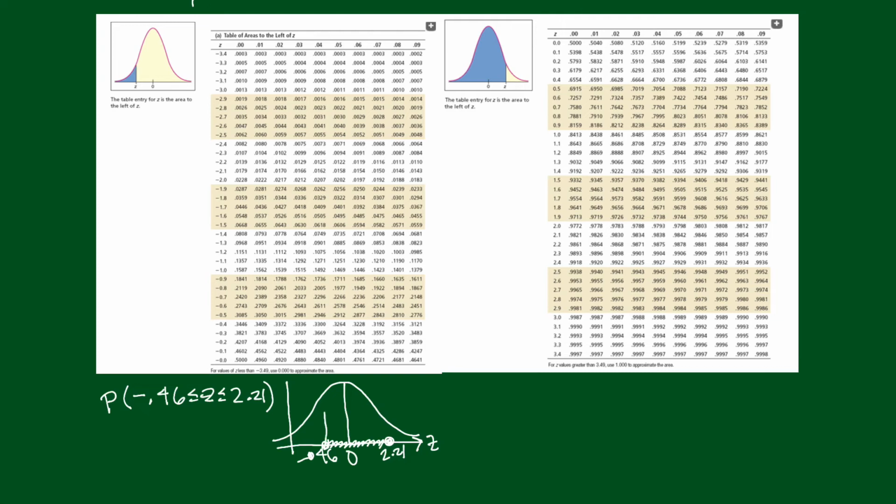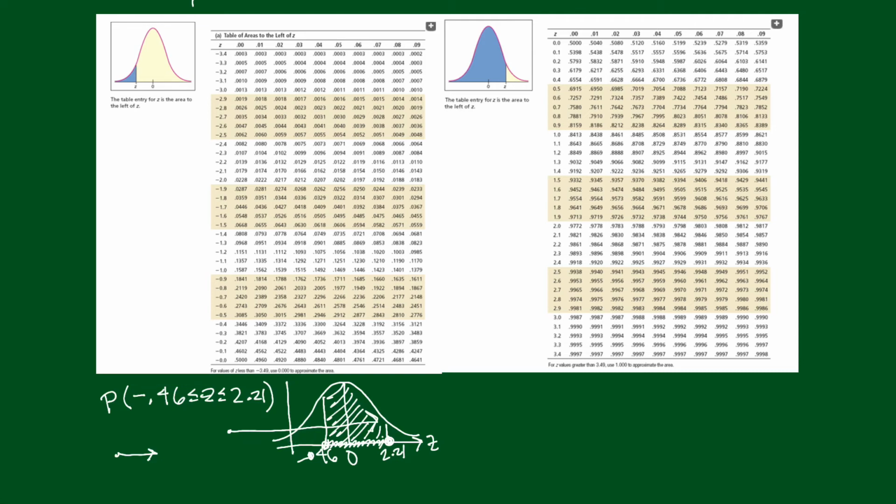This is going to be this area above that interval under the curve. So I'm looking for this. All right, so how are we going to make our table work for us? Because the table reads from negative infinity out to the right, what if we did this? Let's find the area, all of that area, and then subtract that area.